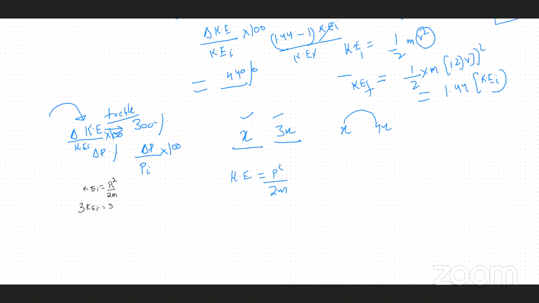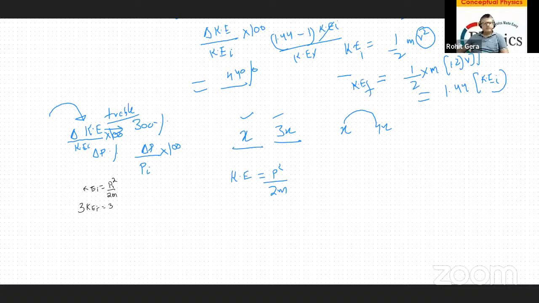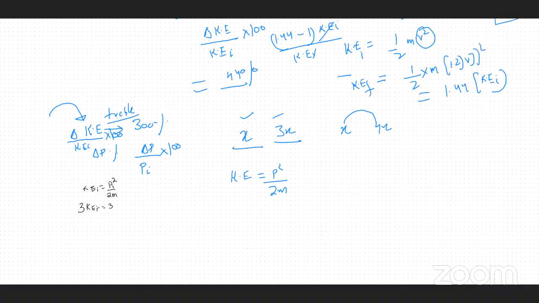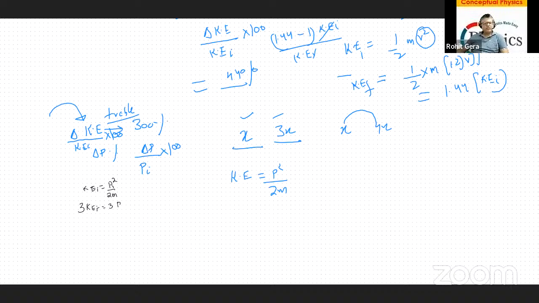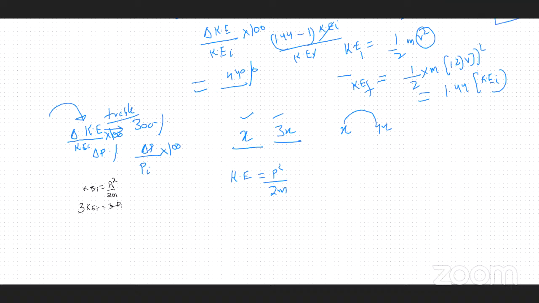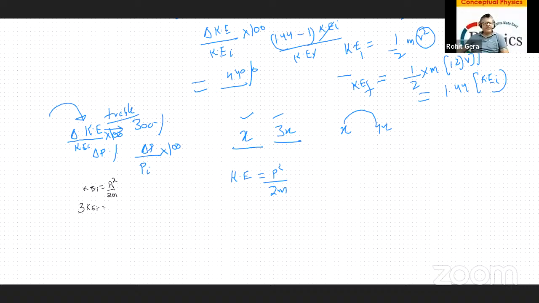Okay, let's calculate P final. We have to find the new P2, right? We don't know it yet. Give it any name, keep X, keep P final, anything. Then divide the two equations and get the PF and PI relationship.